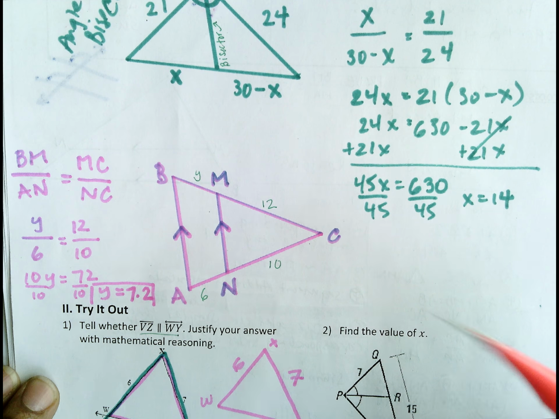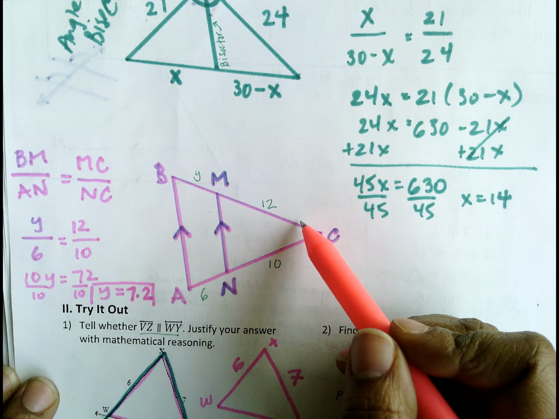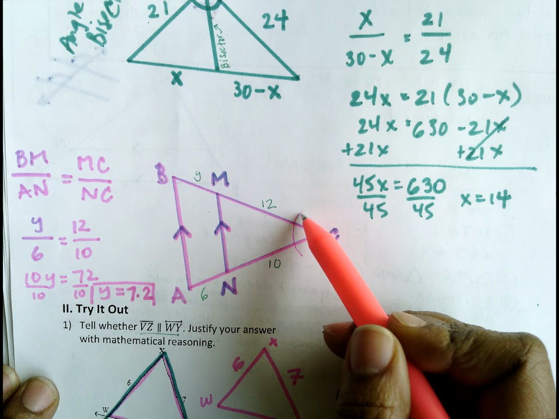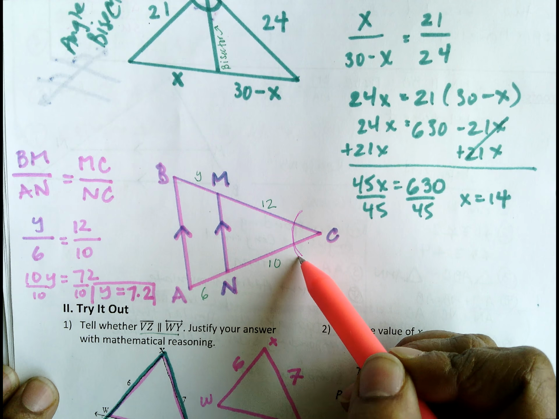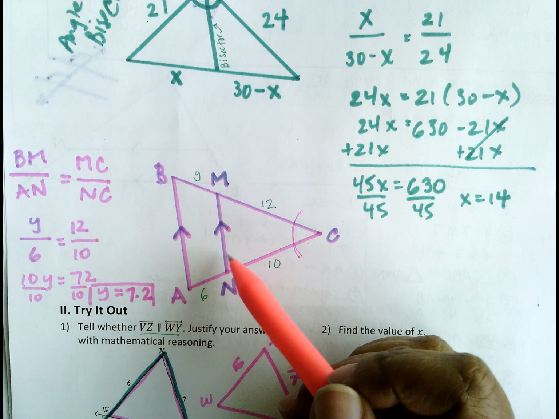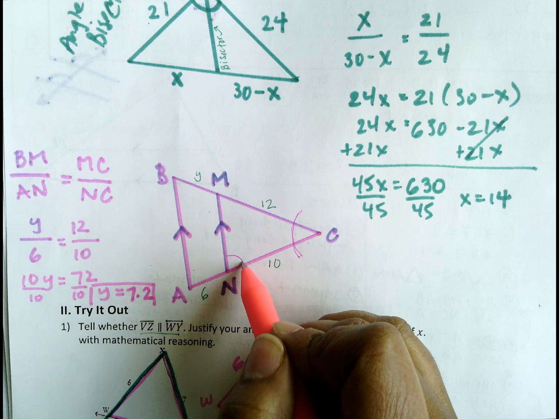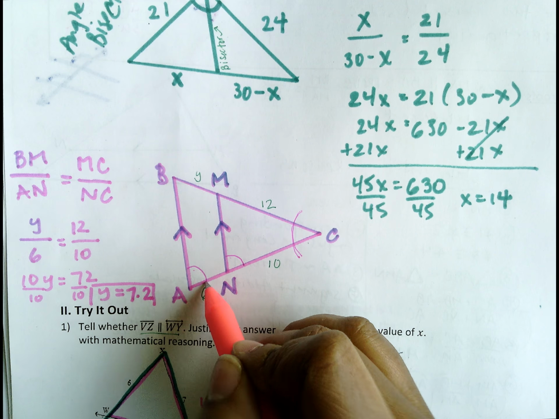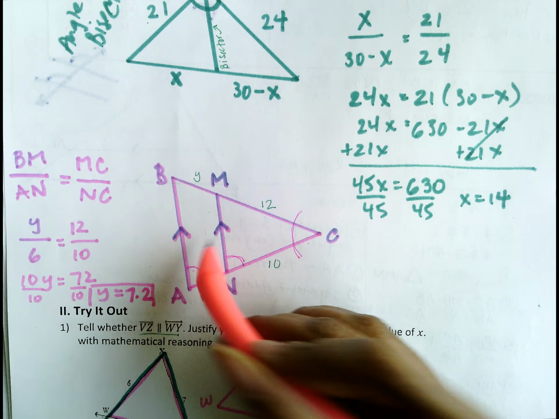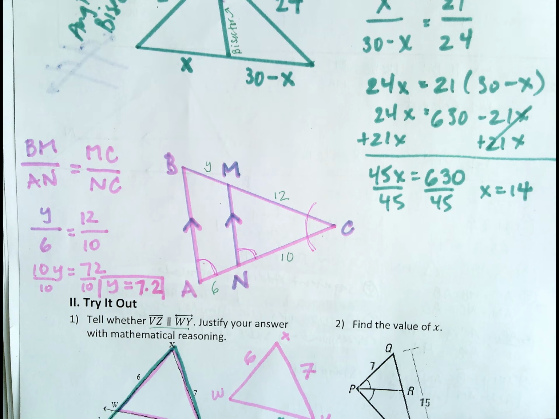So we can tell off the bat they both share angle C through the reflexive property. There's a set of parallel sides, therefore these are corresponding angles.